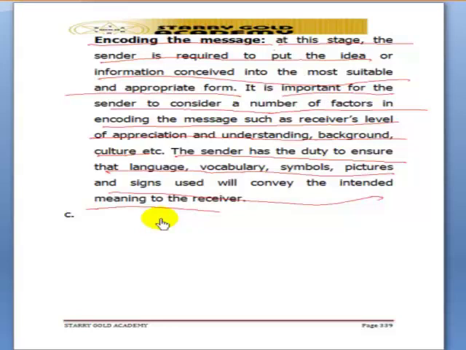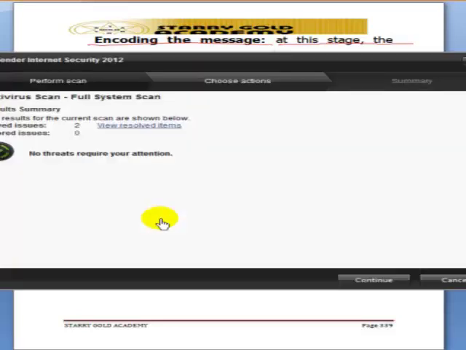So if a message is to be encoded, definitely the most vital tool is what? Is the language. So you choose the language. Then while choosing the language, you have to look at the person you are communicating to.